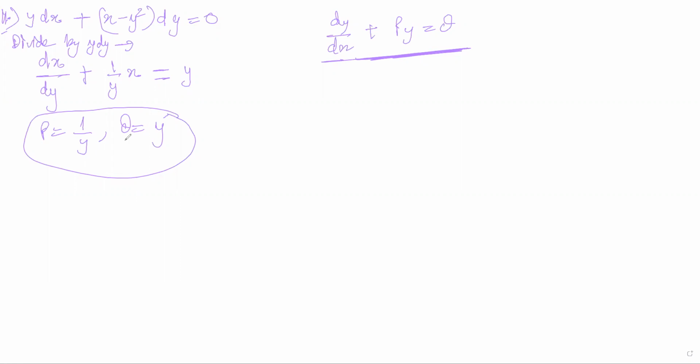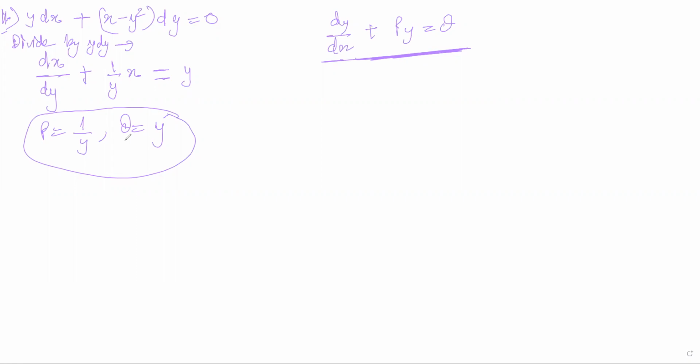Is it variable separable? Is it homogeneous? Or is it a linear differential equation? Homogeneous. Why homogeneous, Nazia? Because dy by dx can be written as negative root of 1 minus y square divided by root of 1 minus x square.